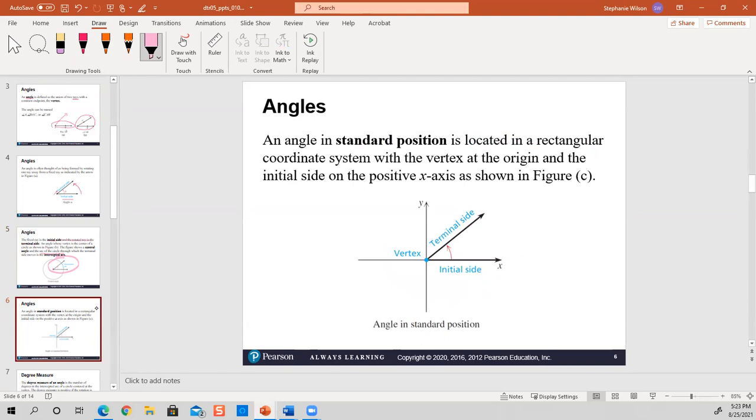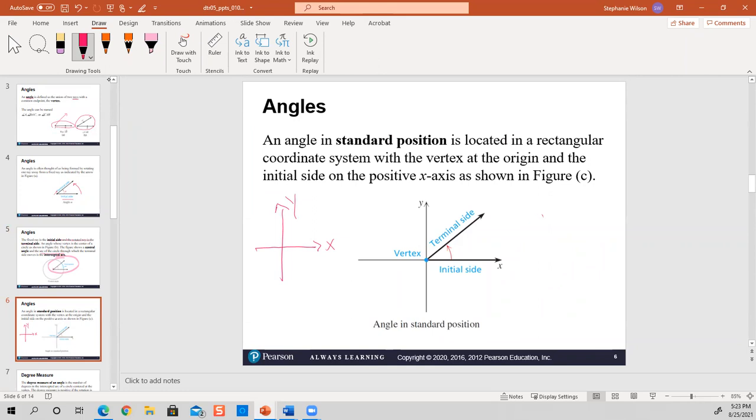An angle in standard position is located in a rectangular coordinate system. So a rectangular coordinate system is our x and y graph, right? The system with the vertex at the origin, so here's our origin.